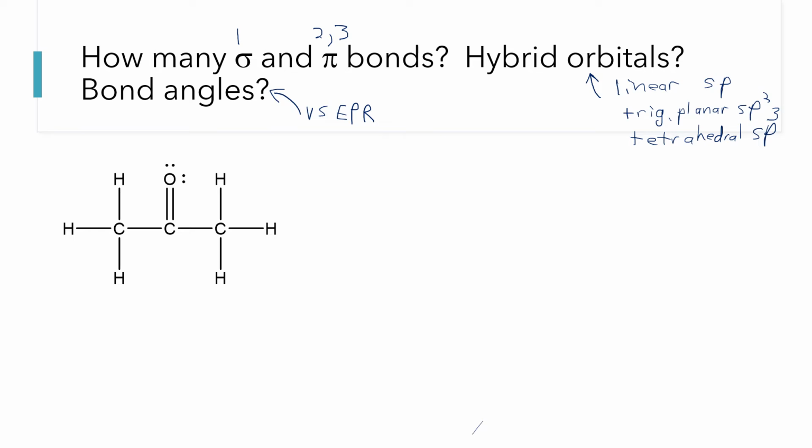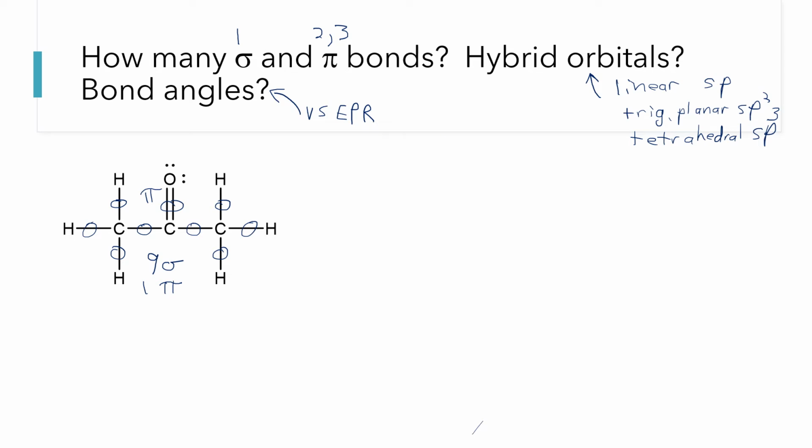Well, each one of the atoms that have been joined together here has a sigma bond. So we're going to have 1, 2, 3, 4, 5, 6, 7, 8, 9 sigma bonds here. And then where we have the double bond, one of those bonds is also a pi bond. The second bond is a pi bond. So 9 sigma bonds and 1 pi bond in this molecule.